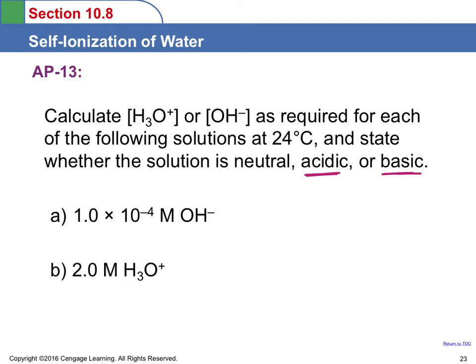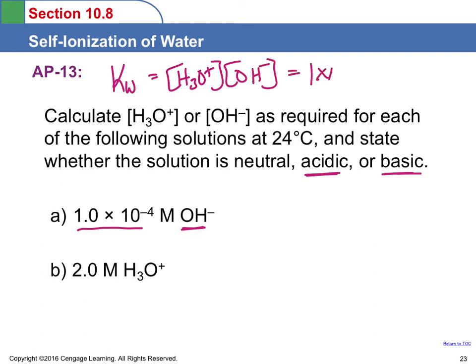So A is telling us we have 1 times 10 to the negative 4th molar hydroxide. So again, that Kw is hydronium, so H3O+, times hydroxide, has to be equal to 1 times 10 to the negative 14th. So this first one, I know hydroxide, I don't know hydronium.